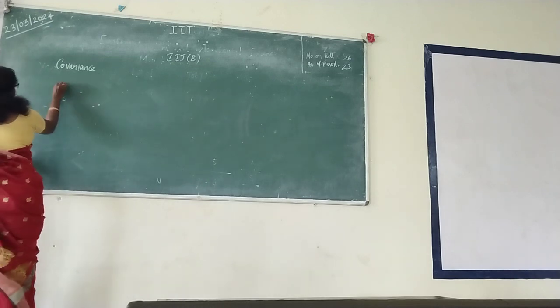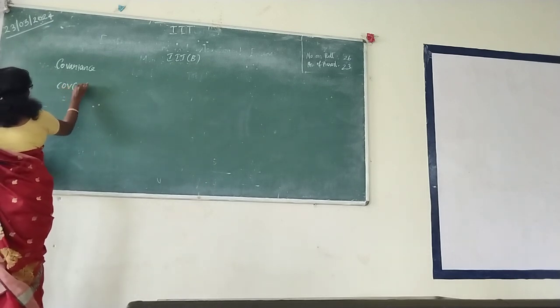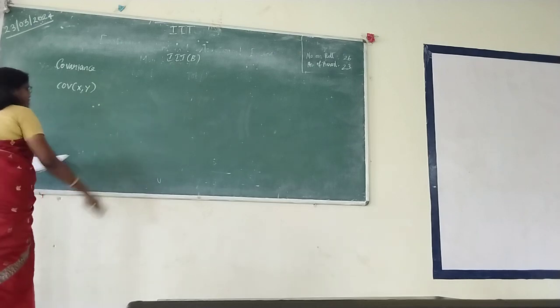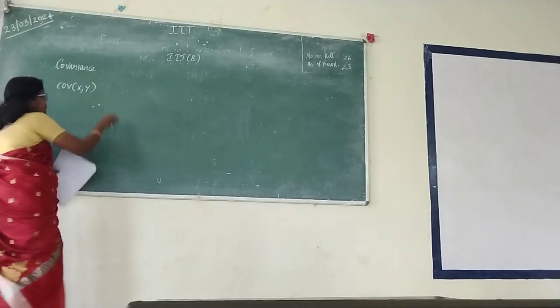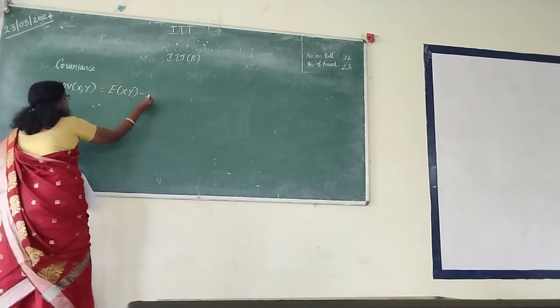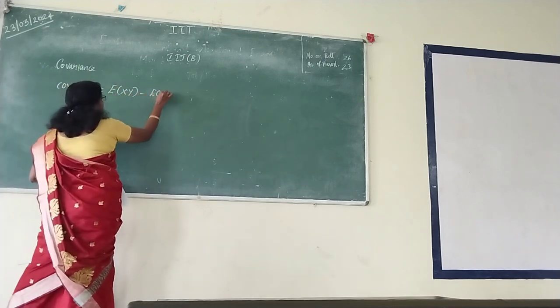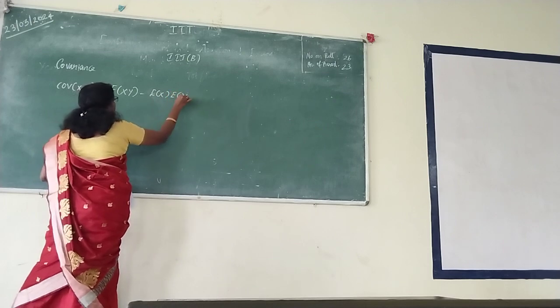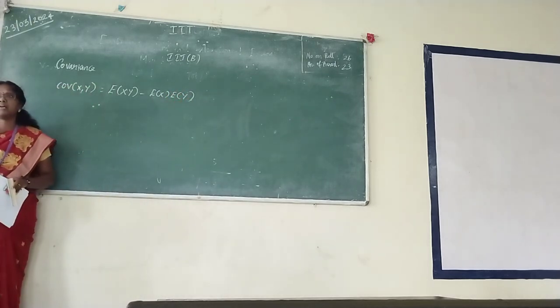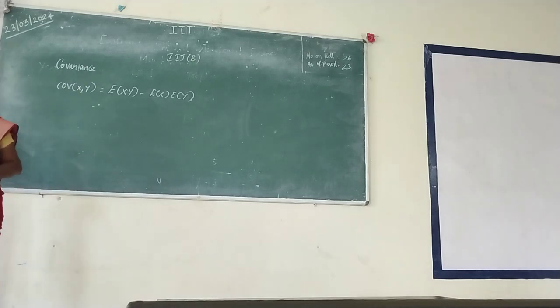It will be denoted by COV of x comma y. Covariance of x, y is equal to expectation of xy minus expectation of x into expectation of y. Covariance is defined as E of xy minus E of x into E of y.